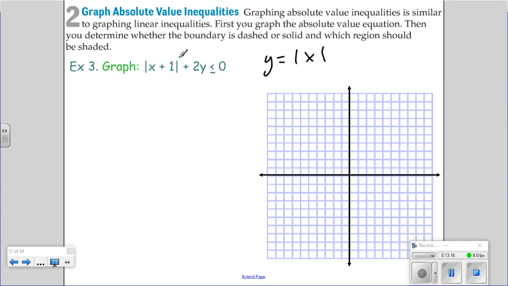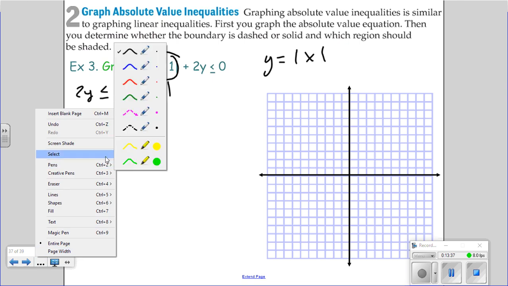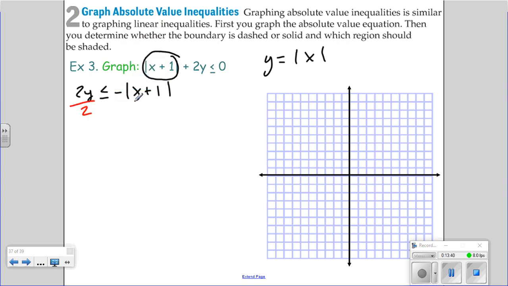So in order to move this entire thing to the other side, we're going to have to make it negative. So it would look like this: 2y less than or equal to negative absolute value of x plus 1. And then we have to divide everything by 2. So y is less than or equal to negative absolute value of x plus 1, all over 2.